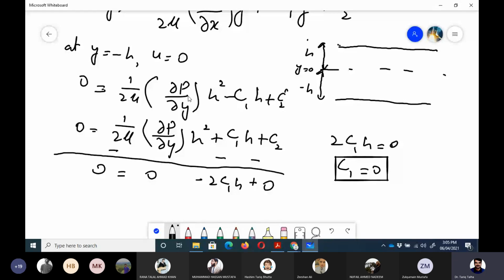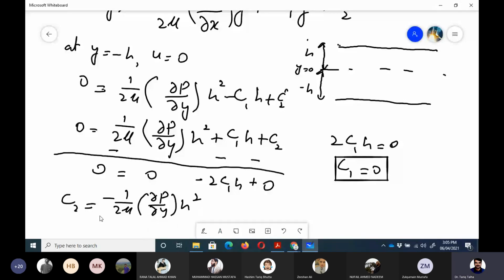And now if we want to calculate C2, because C1 is equal to 0, C2 would be equal to minus 1 upon 2 mu partial P by partial x h square. So this is the value of C2.